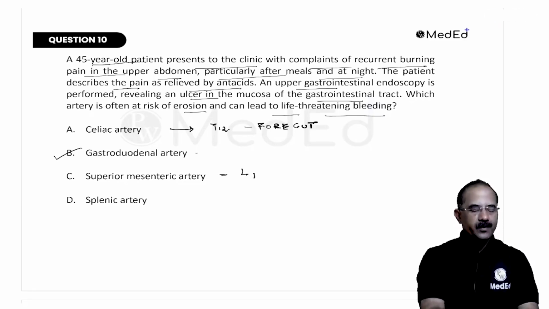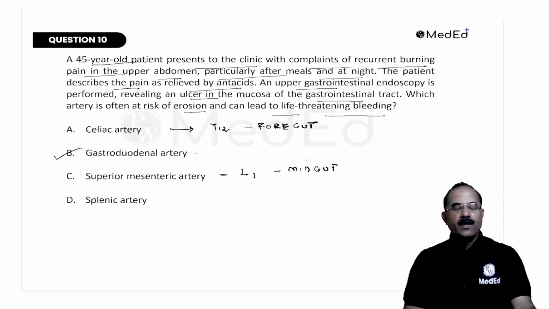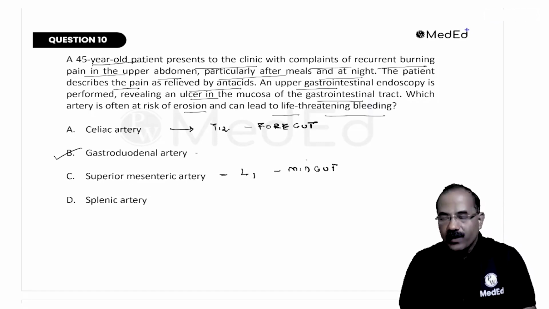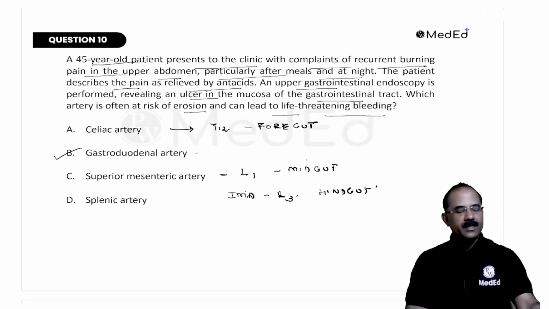And what does the superior mesenteric artery supply? It supplies the midgut. And what is the vertebral level of inferior mesenteric artery? Inferior mesenteric artery is L3. And what does it supply? It supplies the hindgut. Okay?